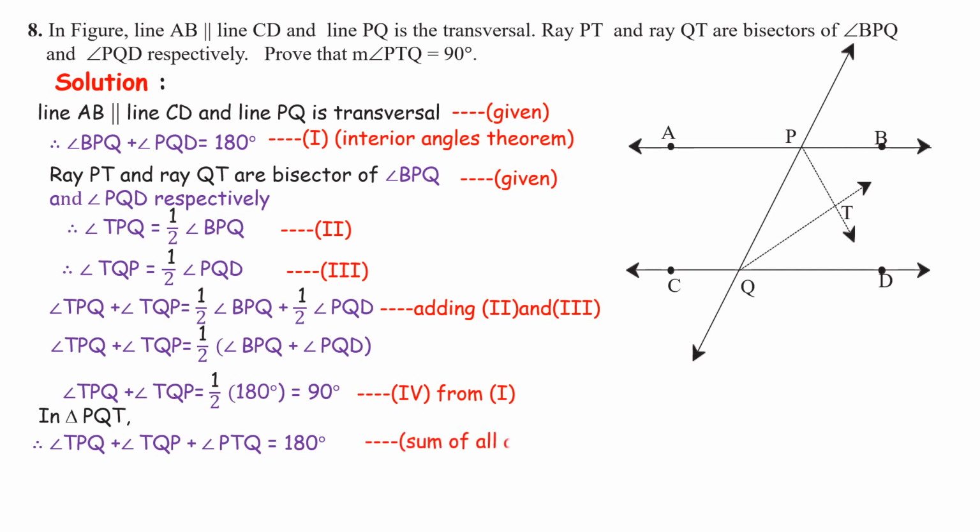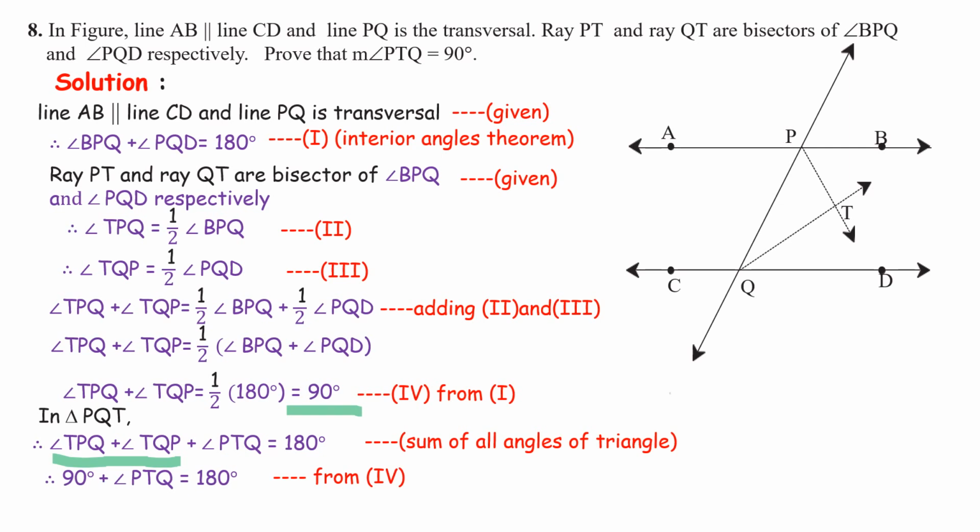Write down the reason: sum of all angles of a triangle. Now substitute the value of these two angles from statement number 4, that is 90 degrees. Therefore 90 degrees plus angle PTQ is equal to 180 degrees. Therefore, from 4, angle PTQ is equal to 180 minus 90. Therefore, angle PTQ is equal to 90 degrees.